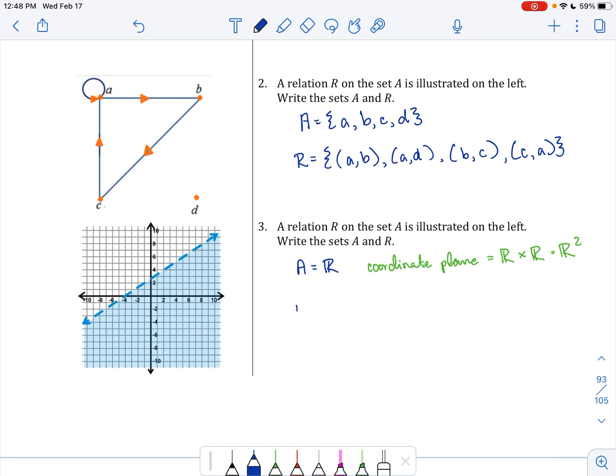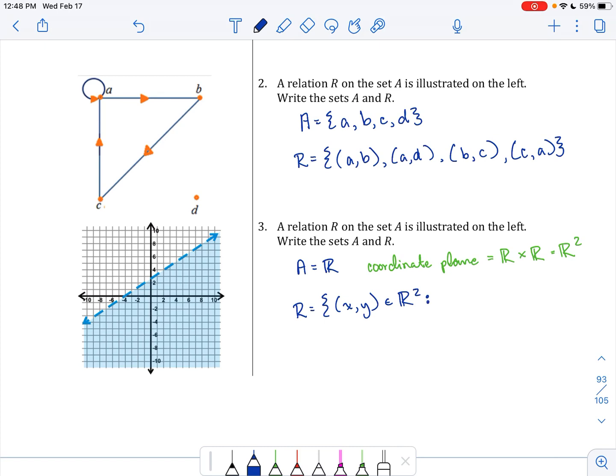So what we can say here about R, and I'm going to use set builder notation because in this shaded region there are infinite points, and that's what I'm trying to write for. So I will say (x, y), where x and y are in the real numbers, or I can just say where (x, y) is in the set R squared.